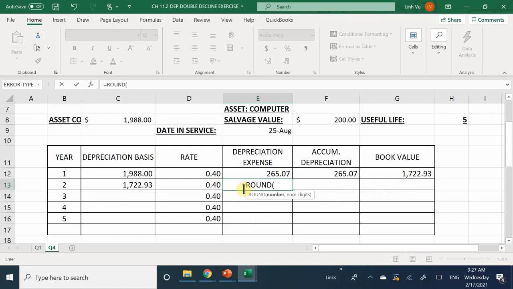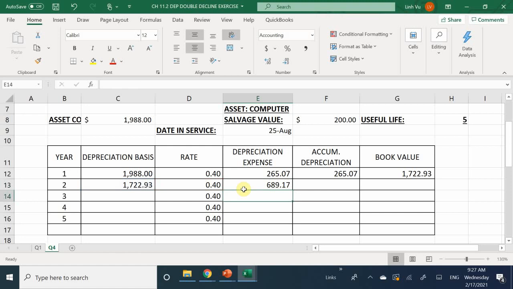So would it be 689.17? Let me see, 689.17. That's what I got. Yes, because in this case, the asset is still in service, right? We've already depreciated the first year. We knew that we placed it into service as of August 25th.